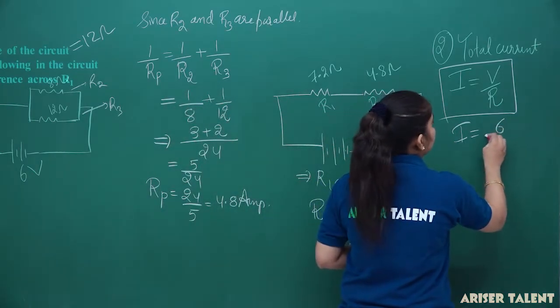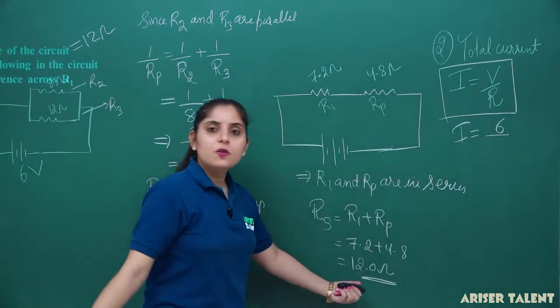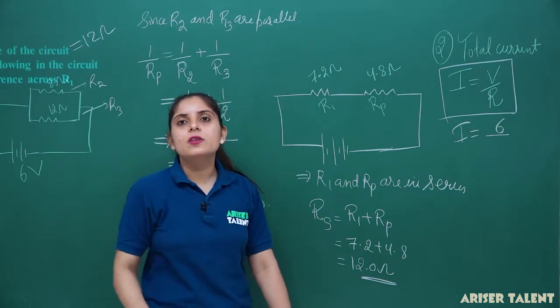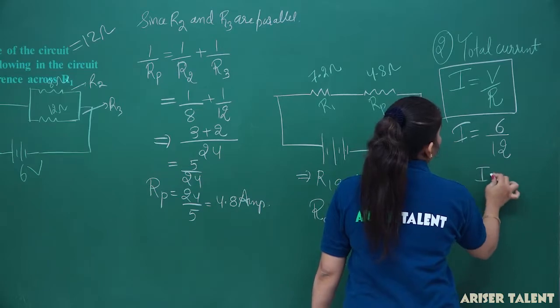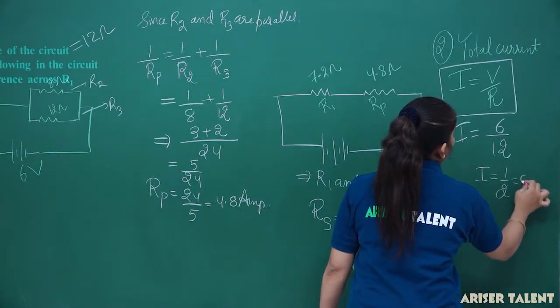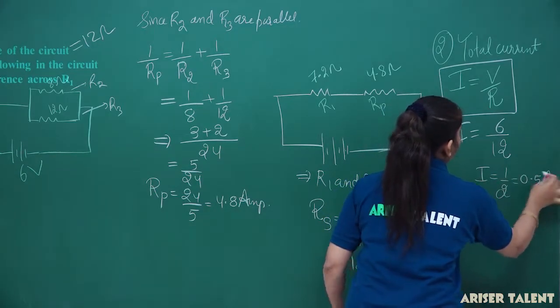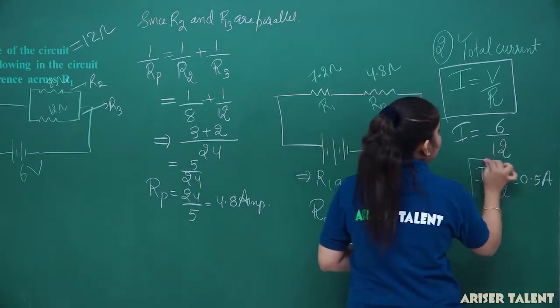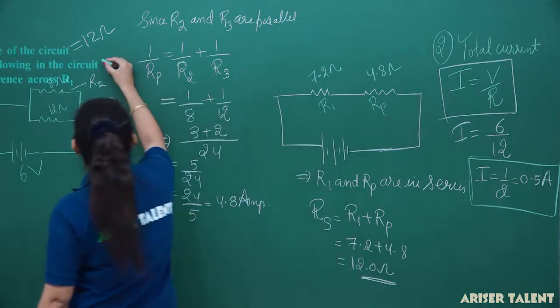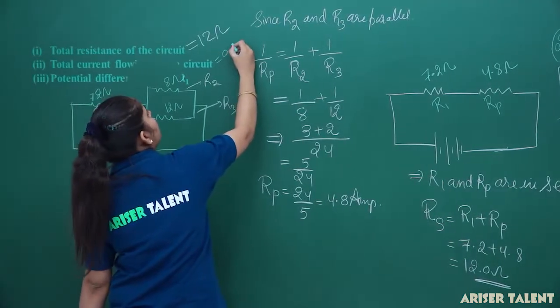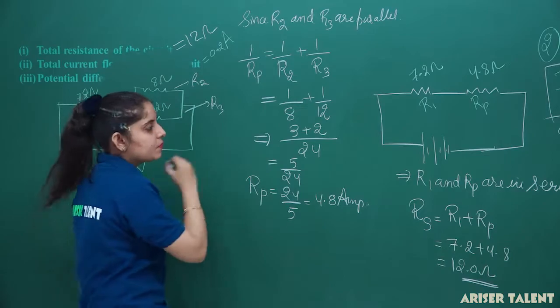The battery is of 6 volt. And what is the resistance of the circuit? The resistance of the circuit came out to be 12 ohm. So, I will be equal to 6 upon 12, that is 1 upon 2, which is equal to 0.5 ampere. So, this is the total current in the circuit.